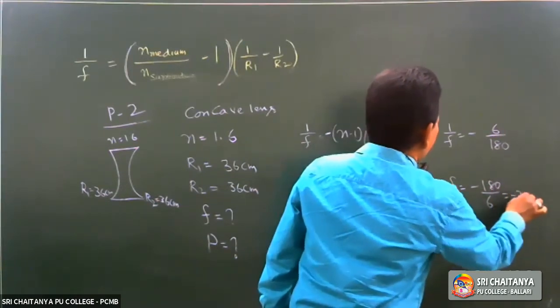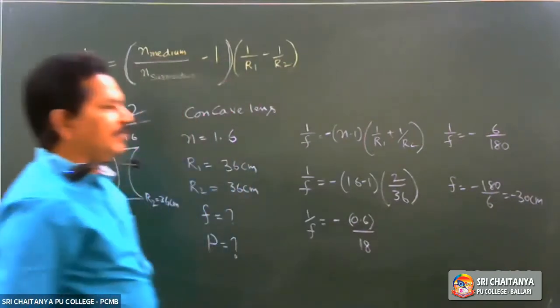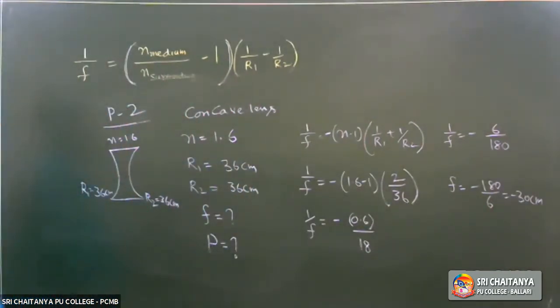This comes out to be minus 30 centimeters. Focal length of the concave lens, equiconcave lens, 30 centimeters. Minus represents concave, divergent.